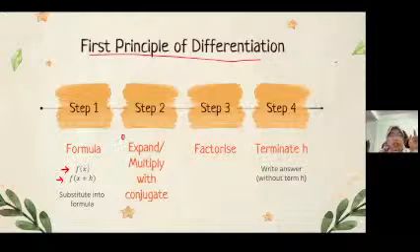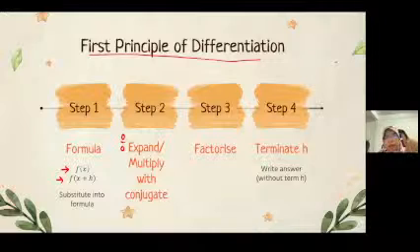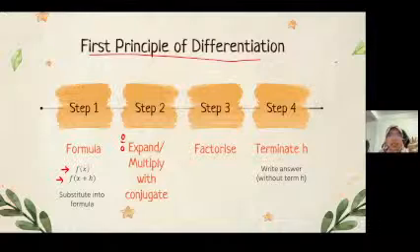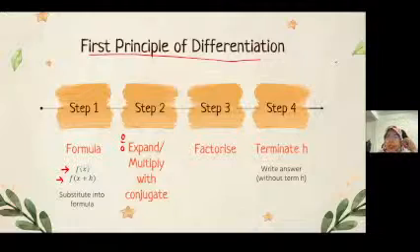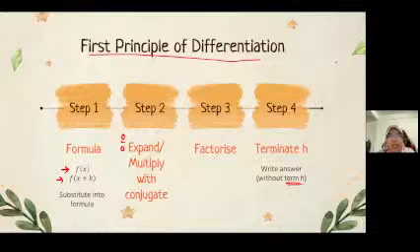Make sure to factorize and eliminate the h, because we don't want the function to have h when we substitute the limit. So write down the answer without the term h. After we substitute the limit, we no longer want anything with h. Okay, so let us see the example then.